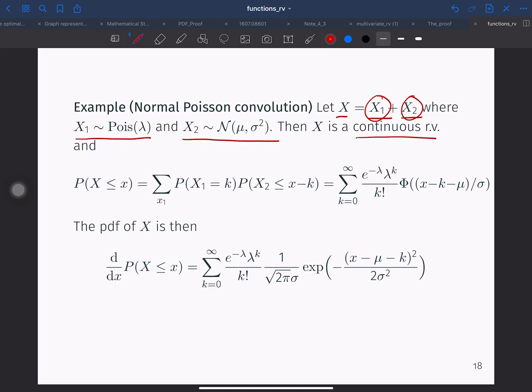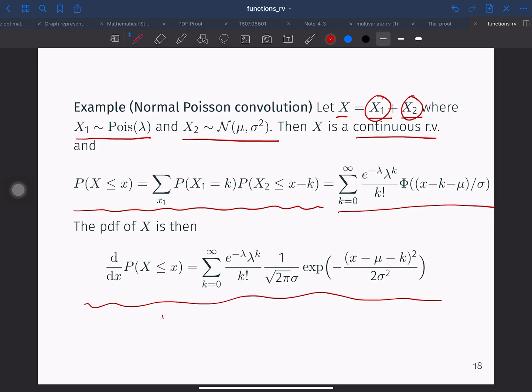Now instead of the normal convolution formula, you will have a slightly different convolution formula. This is the convolution formula for the sum of a discrete and a continuous variable. You can check. If you take the derivative, you get this mixture of PDFs.